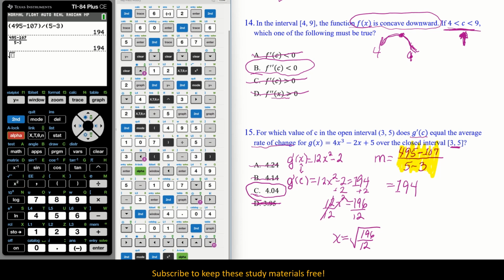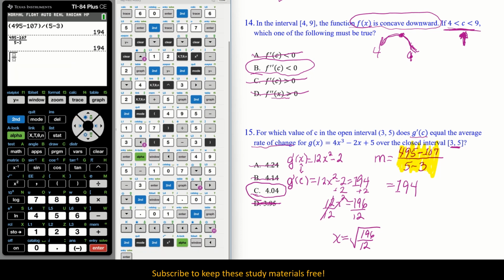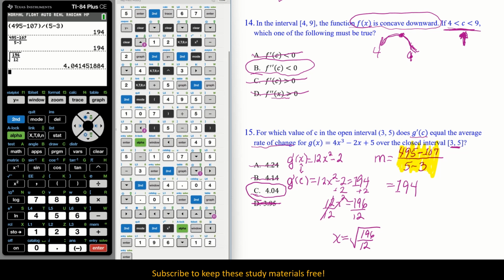Alpha, window, arrow over to the left one. What we need is highlighted, so push enter, and there we go. 196, arrow down, 12, and let's enter. It rounds very nicely, and obviously option C is correct.